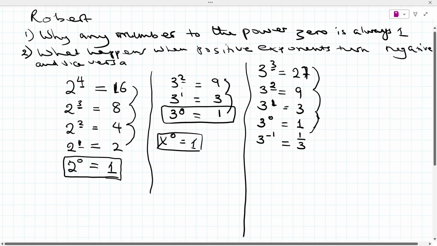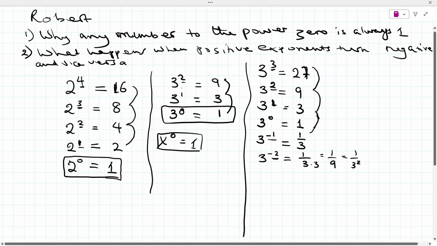And this goes on. Supposing we reduced our exponent by 1, it would become 3 to the power negative 2. And this would equal 1/3 divided by 3, or actually 1 divided by 3 times 3, which is 1 by 9. Or you can say (1/3) squared.